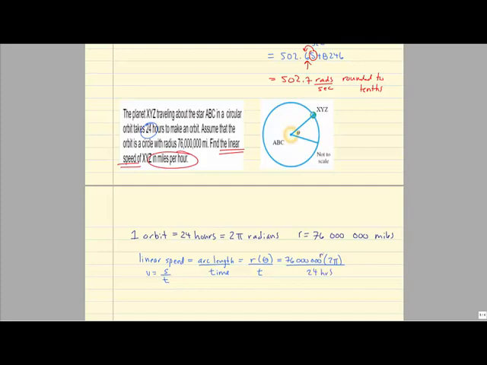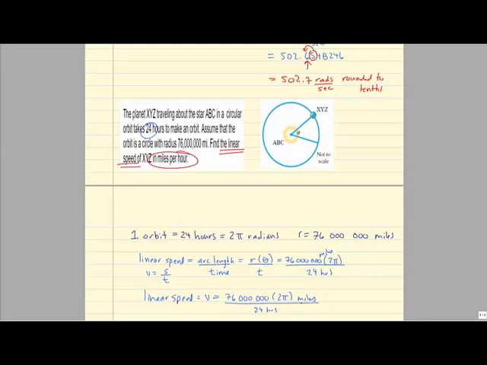Now remember, this is miles, so I'll keep that in mind too. So for my linear speed, which is v, I'm going to have 76 million times 2 pi over 24 hours. So this is miles per hour.